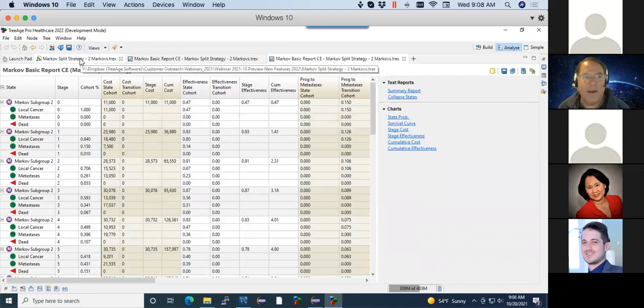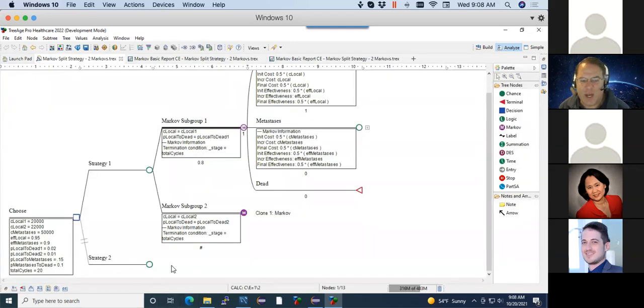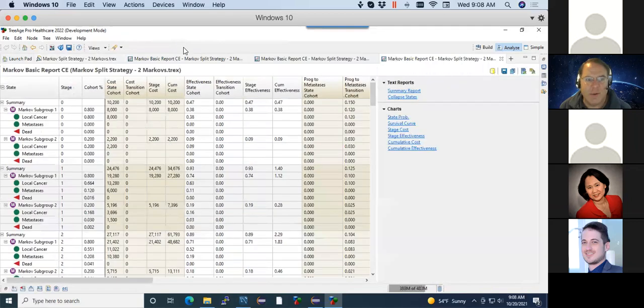So if I go back to the main thing, and this strategy doesn't even really exist, but if we go back to the strategy itself, that's split into multiple Markov processes. I can't run the full one with all the events because we don't want to try to track whether all the events differ. But the basic report with the states by cycle, you can run at the strategy level.